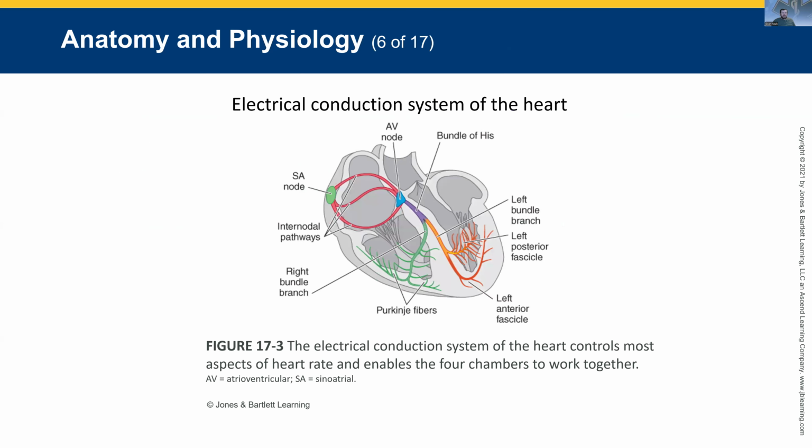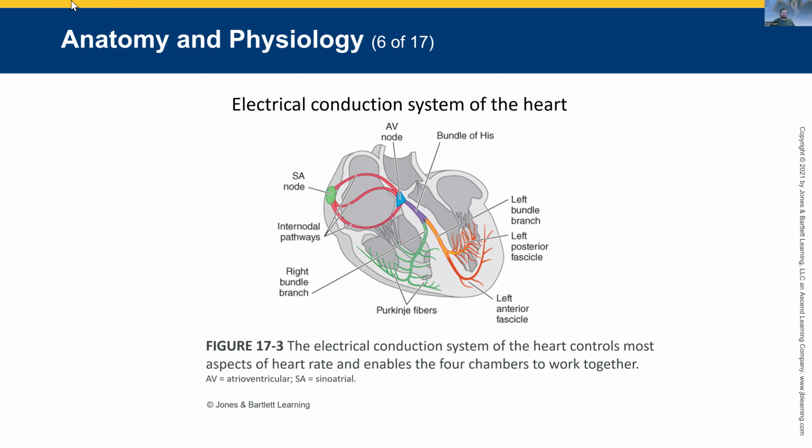So there's just a small diagram. You've got your SA node. If something goes bad with your SA node, your AV node will pick up, it's your backup. It will not produce the same amount of electrical pumping activity as your SA, but it will give you a heartbeat long enough for you to go get a pacemaker put in.